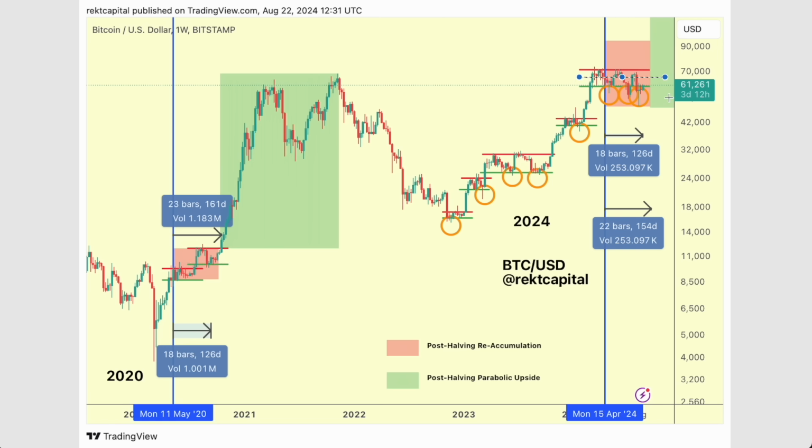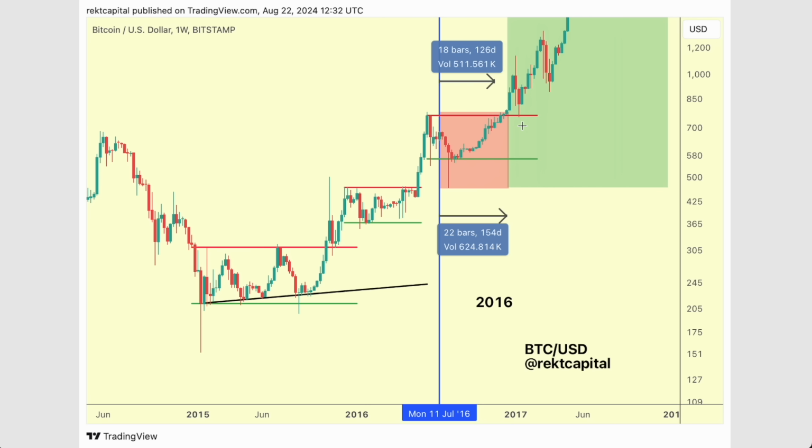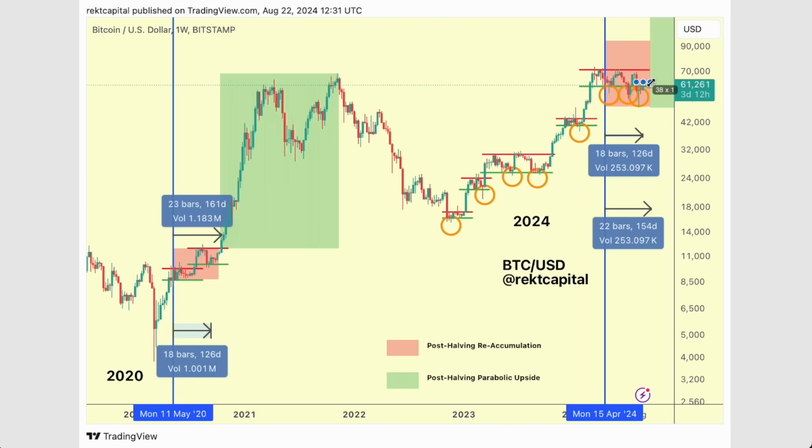So the main summary here is that based on 2016 and where we should be in the cycle, 2016 says we should be at the range high. Of course, we're not, because we're just at the range low. And 2020 is suggesting we should be in the middle between the range low and the range high. So we should be at 65k and we're at 61k.